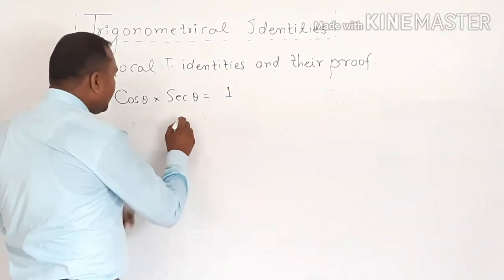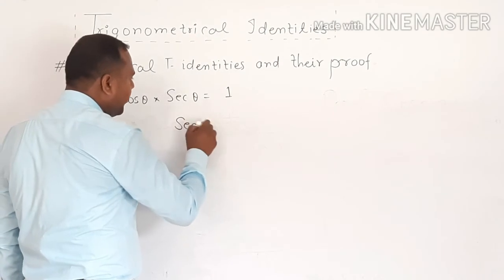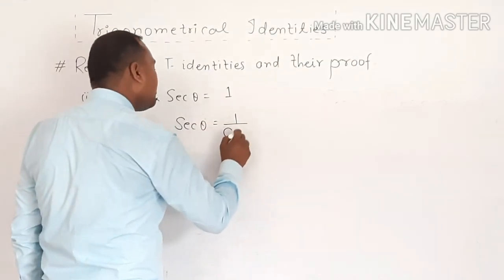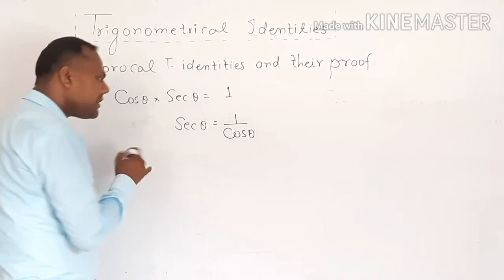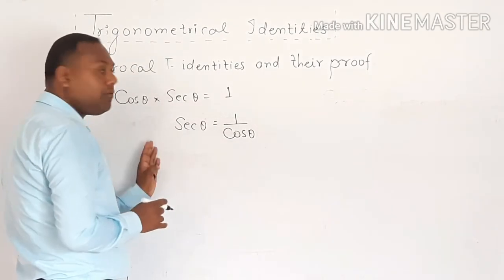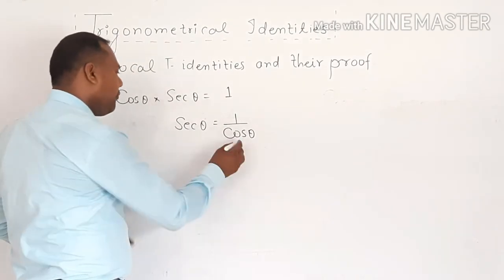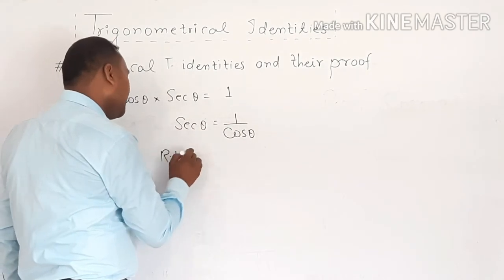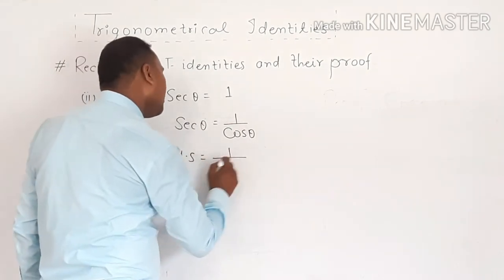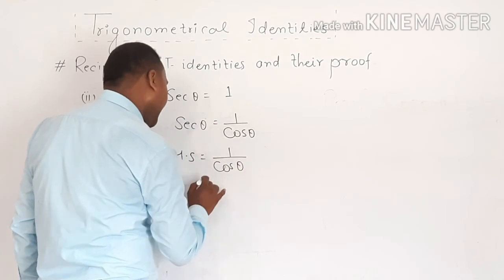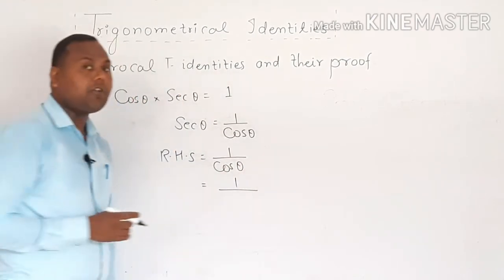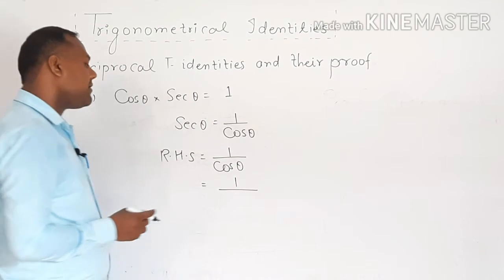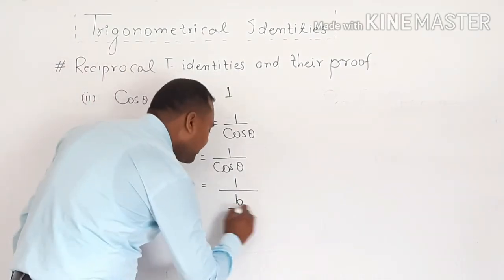Now if we want to write sec of theta will be equal to 1 upon cos theta, and we want to prove it, we should take the RHS part. The RHS part is 1 upon cos of theta. That means 1 upon, what is the value of cos theta? We already discussed, b upon h.